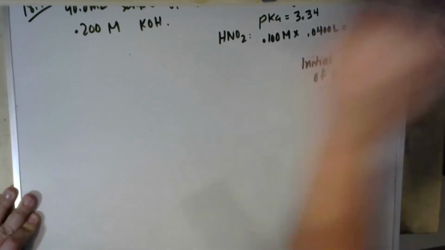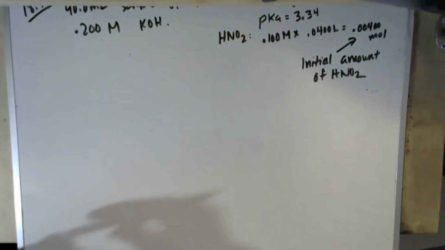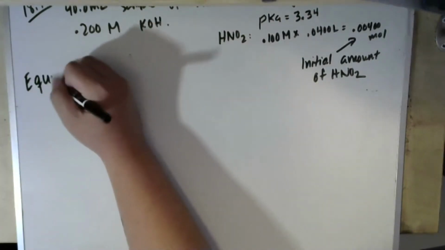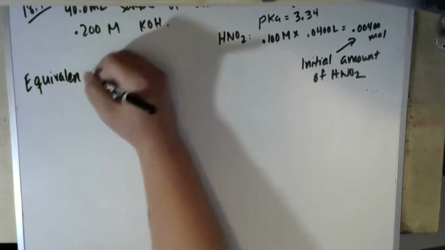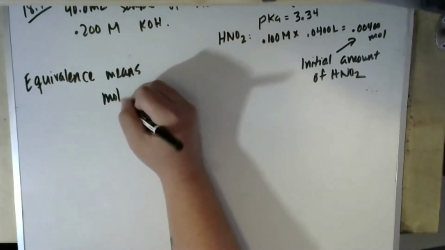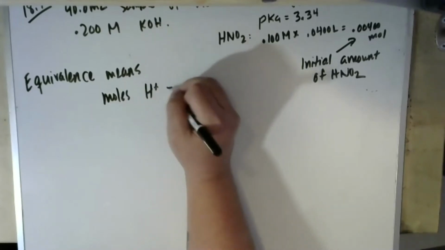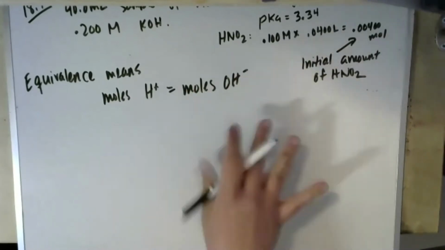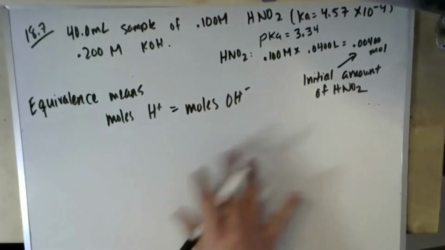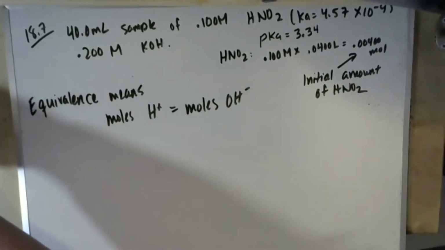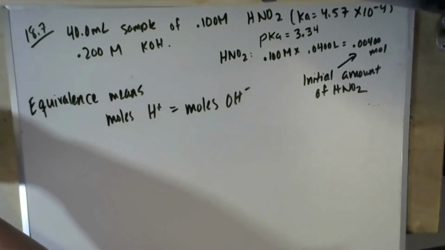Equivalence point means that the moles of our acid are going to equal the moles of our base. That's our simplest definition of what equivalence point can mean. So we know that at the equivalence point, these two things are going to be equal.